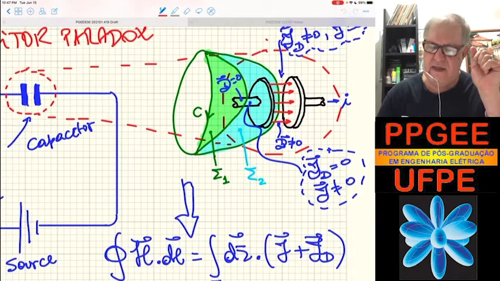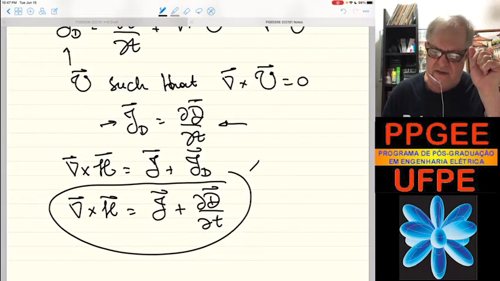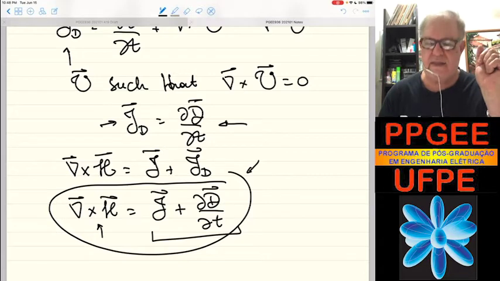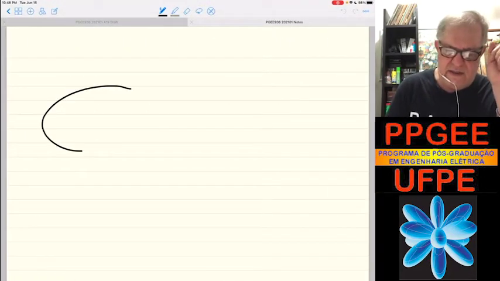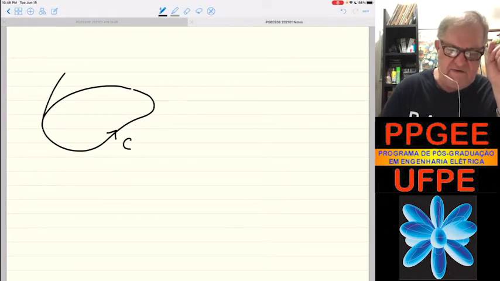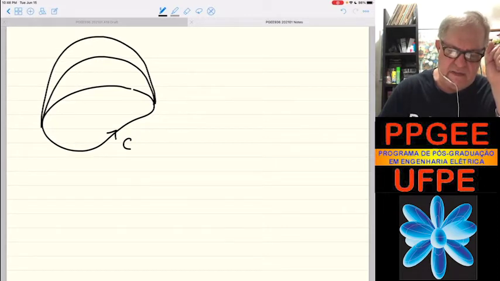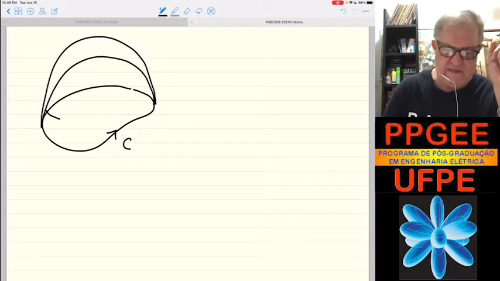But look, let's look at the integral form of this one. It means that the circulation of H is the total current that is enclosed, right? If I make a closed path, if I use different surfaces bound by curve C, I have different surfaces here.